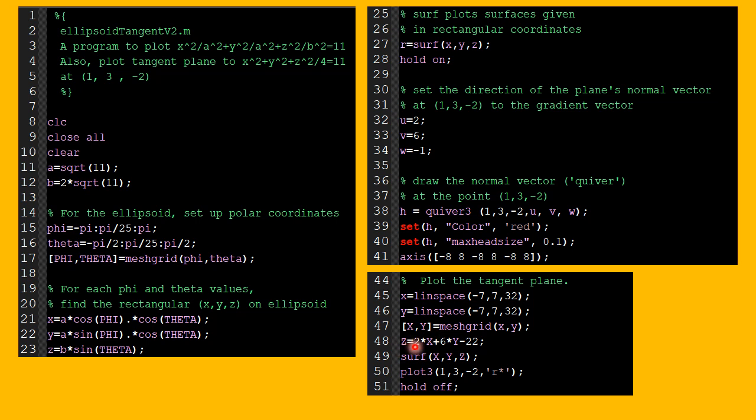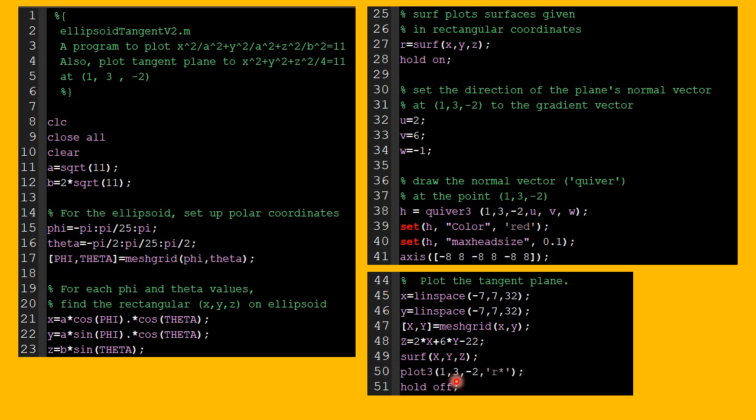Z will be 2 times x plus 6 times y minus 22. That's a capital Z, notice. And so then we're going to surf x, y, and z, and we're also going to plot the point 1, 3, minus 2, so we can see where that point is, hopefully, as a red asterisk, and then hold off.